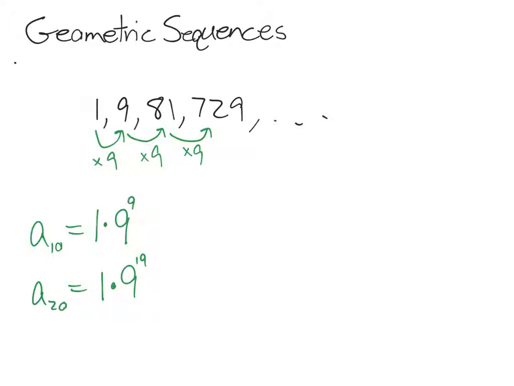So, here's our formula for geometric sequences. A sub n is going to be that first term times, and then here's a term that we haven't stated yet. This 9 is what's known as, instead of a common difference, this time the common ratio, and we use the letter r for that.